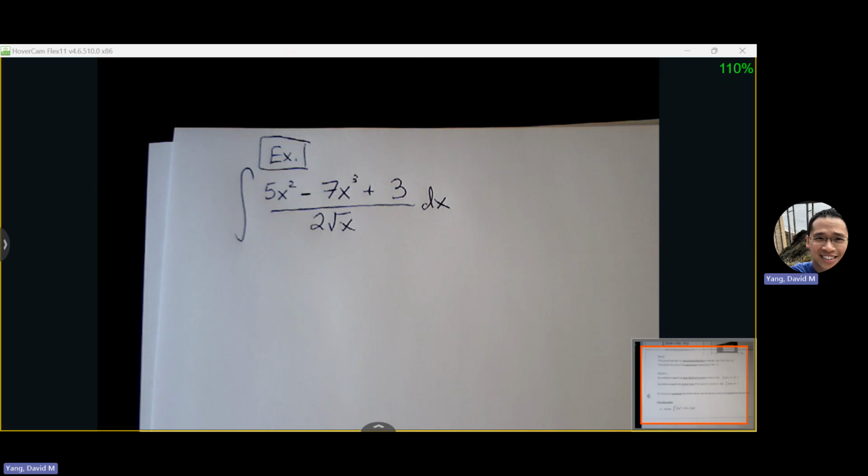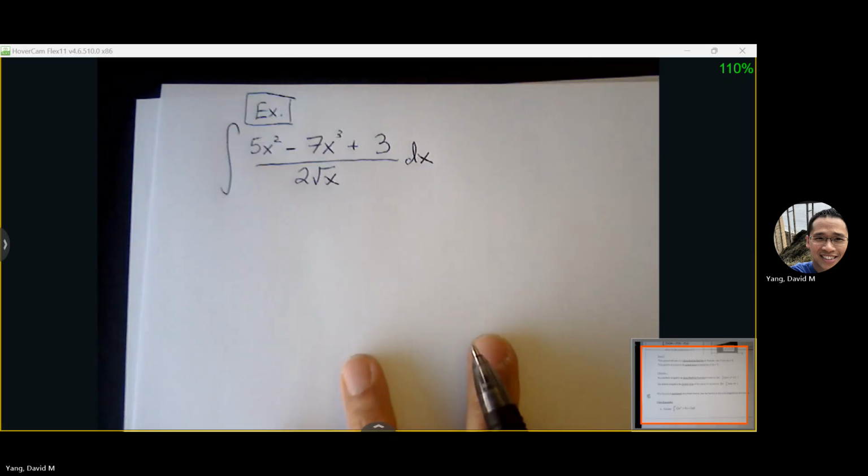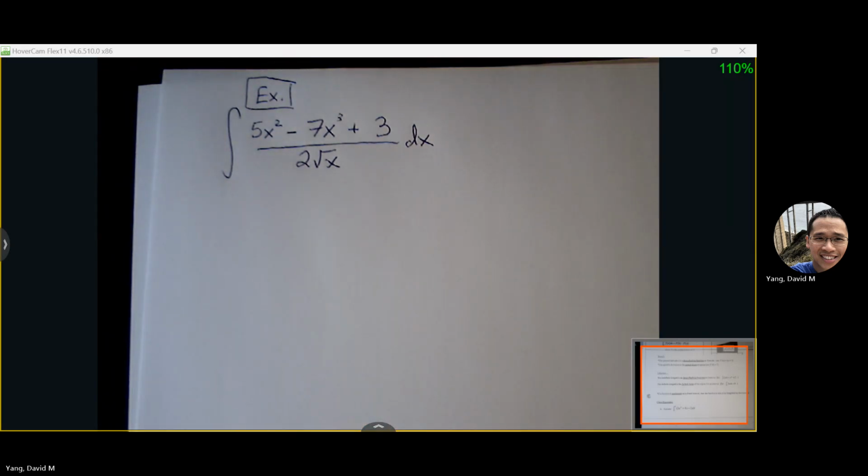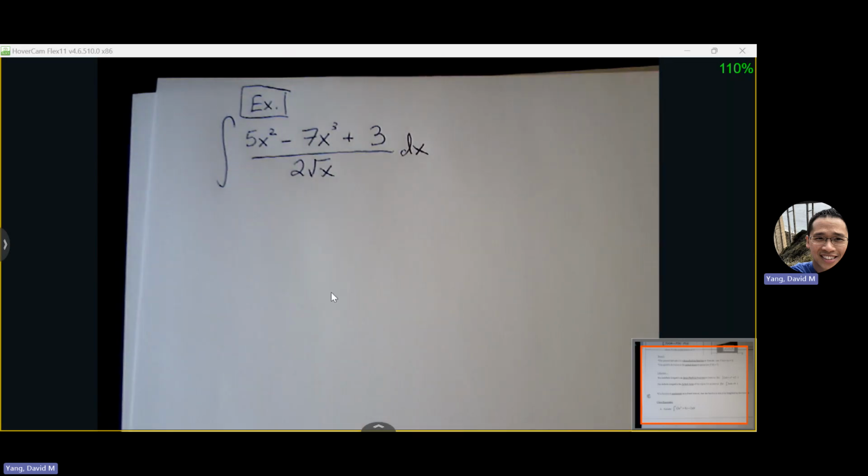Okay, go ahead and write this problem down. Five x squared minus 7x cubed plus 3, all divided by 2 root x.